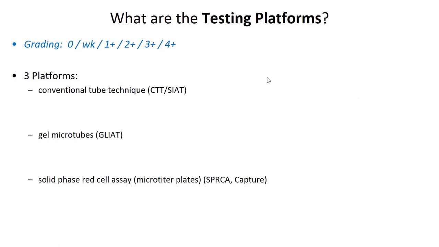We have 3 wet bench platforms. The classic is the conventional tube technique using saline indirect antiglobulin testing. There is the gel microtube technique, also known as GLIAT, for gel low ionic strength antiglobulin test.